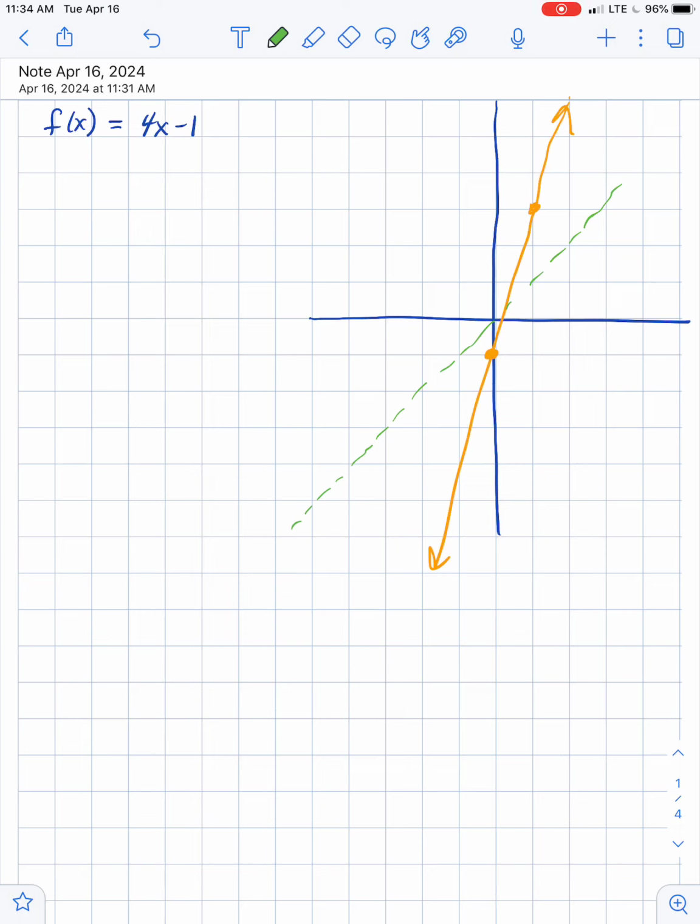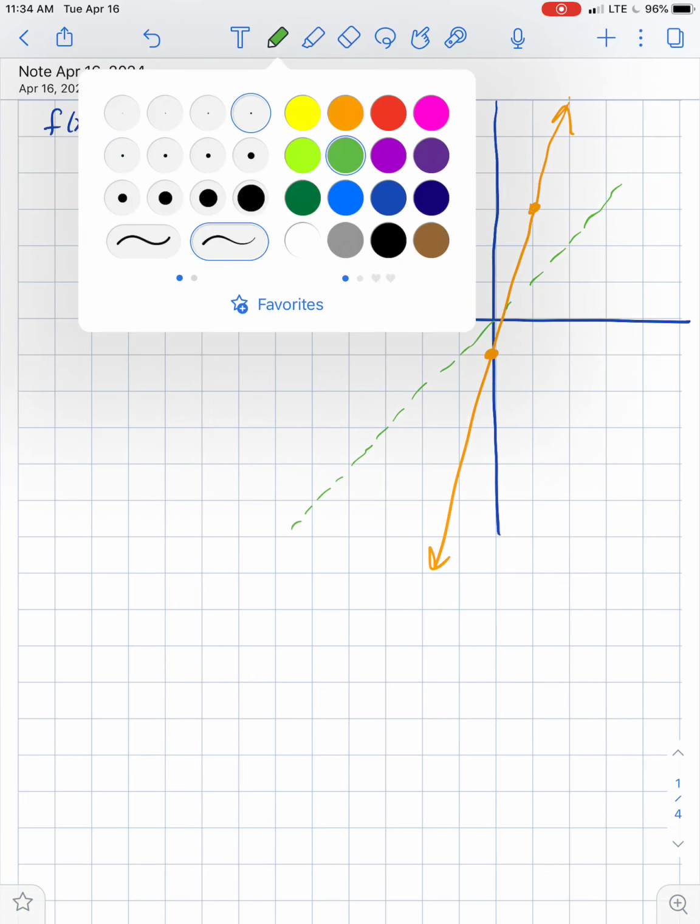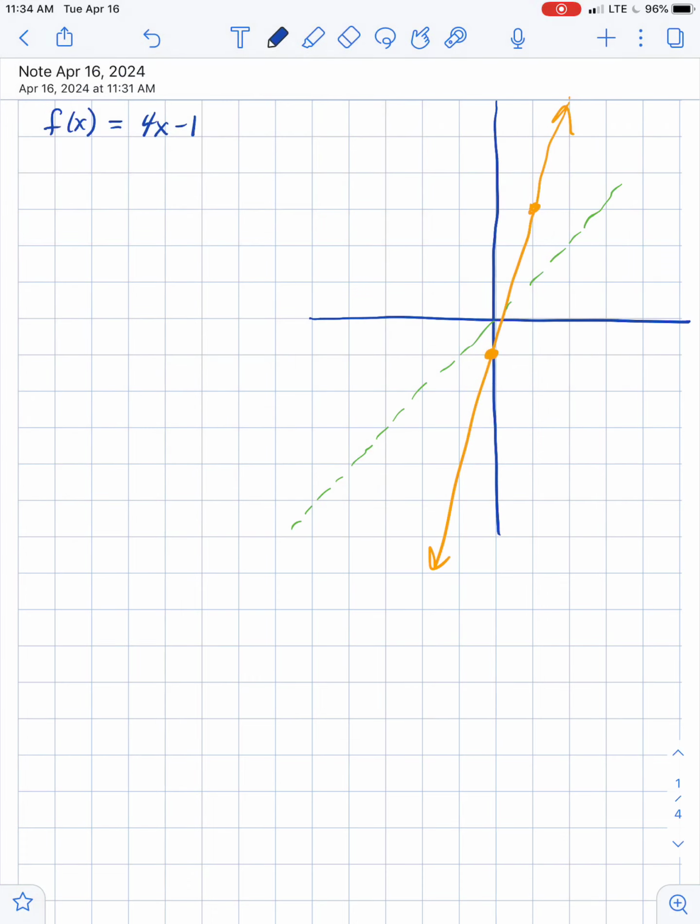Okay, so after that, what we're going to do is go ahead and find our inverse. The first step, if you'll remember, was to put in a y for the f of x. The second step is to switch the x and the y.